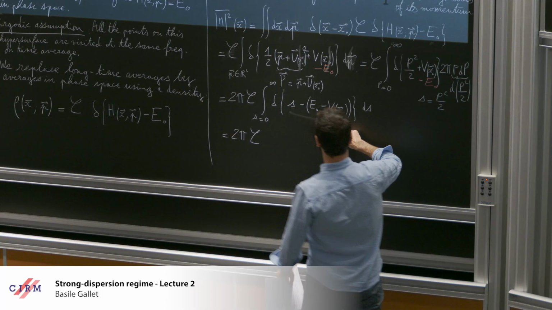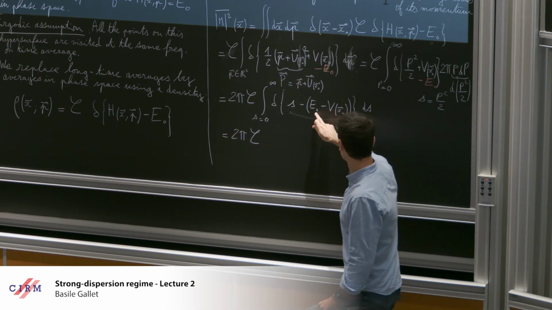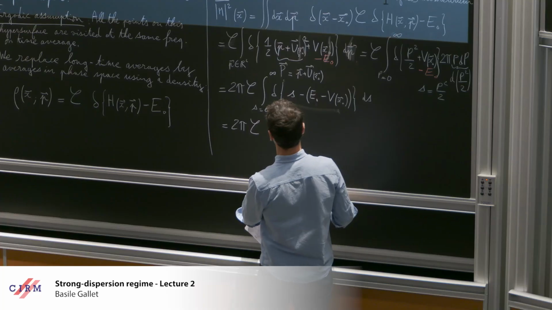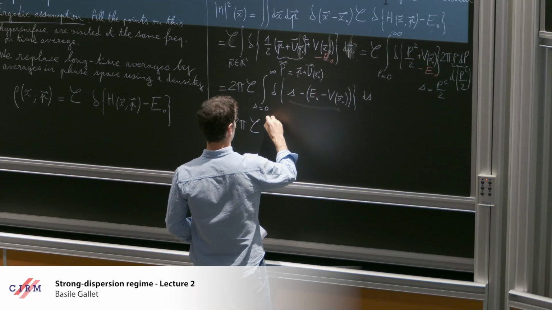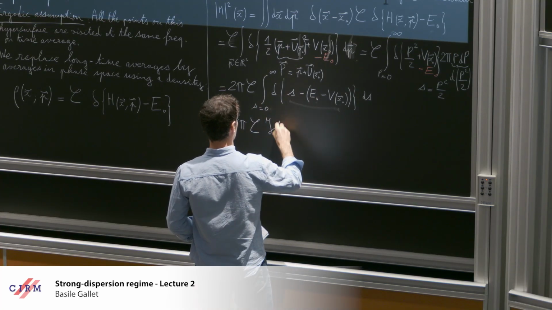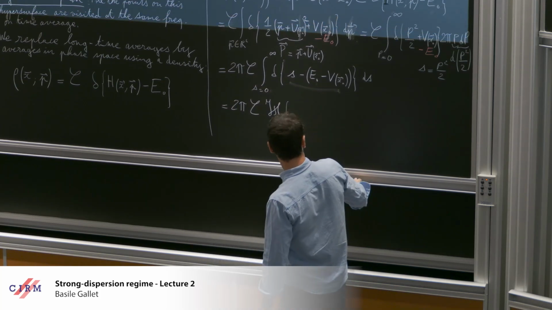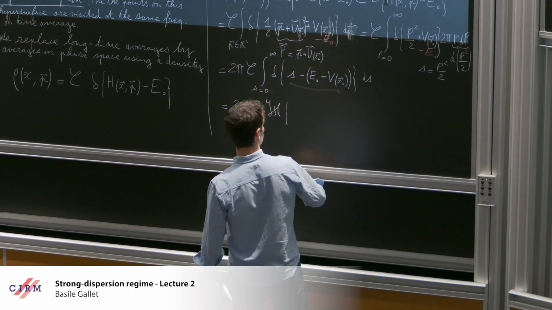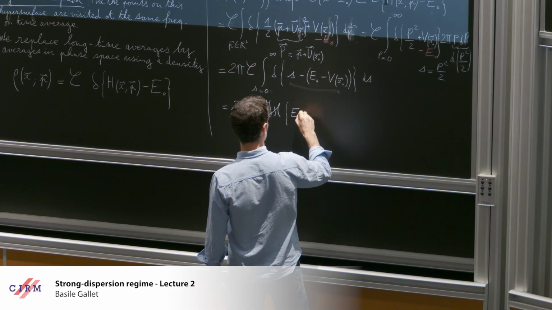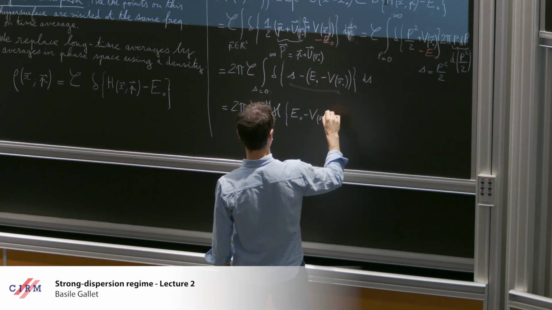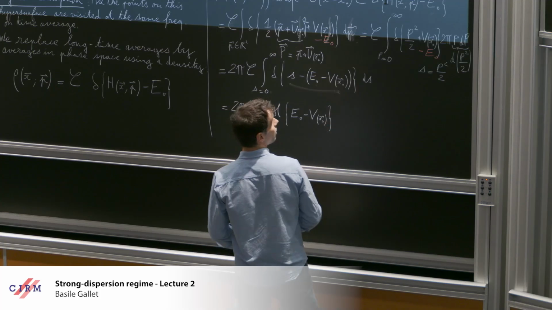And this basically is going to be 1 if this quantity is positive, because I'm integrating over positive values, and 0 otherwise. So it's going to be a Heaviside function of E0 minus V of x0. Okay?